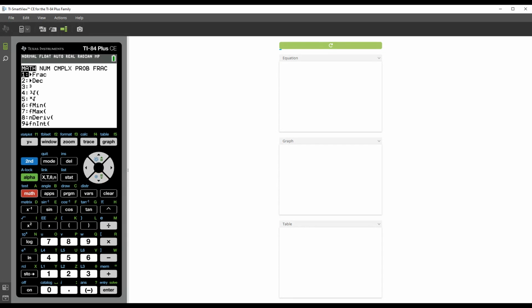So math 8, nDeriv, n stands for numerical, so it's going to find the numerical derivative of y1. Watch this. So I'm going to go to vars, y-vars, function, y1. We are going to use that so often I can't even tell you.